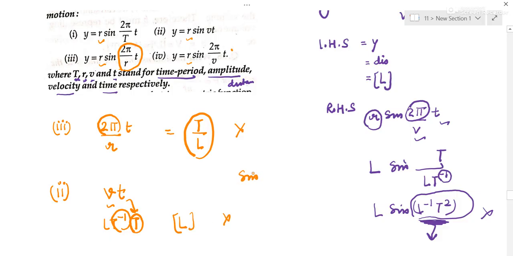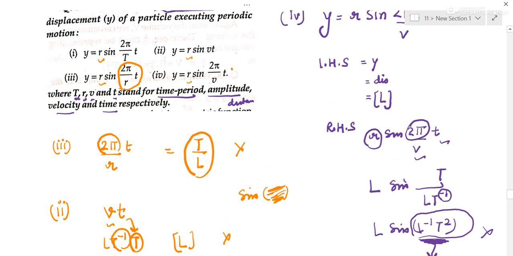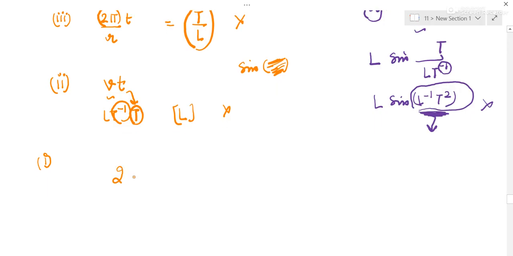What is there in bracket of sine? What is the argument of sine? That should be dimensionless. So let us check the first part, which is this. It is 2 pi by capital T, that is time period, into instantaneous time.